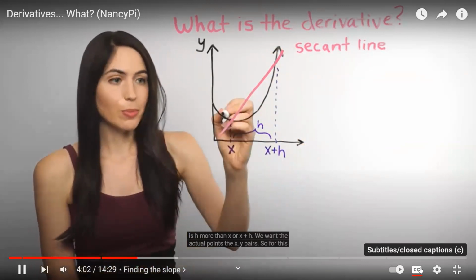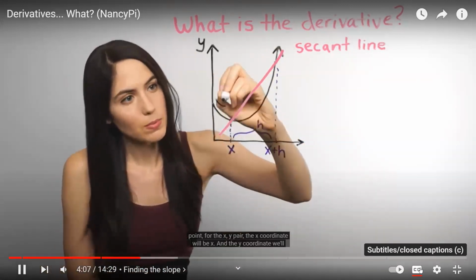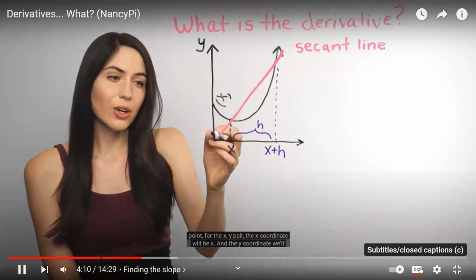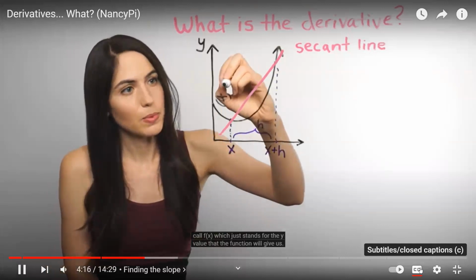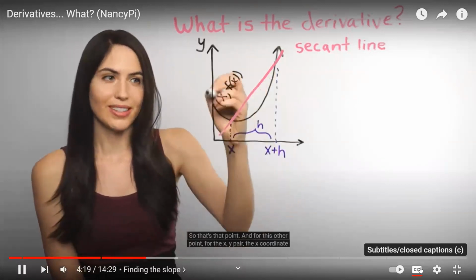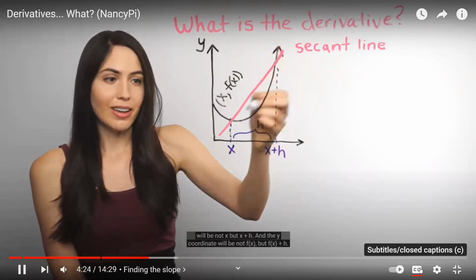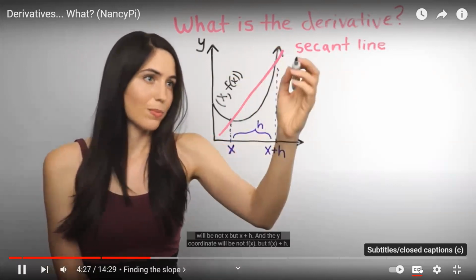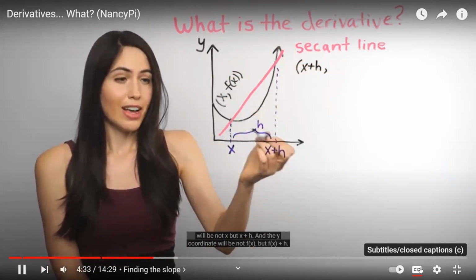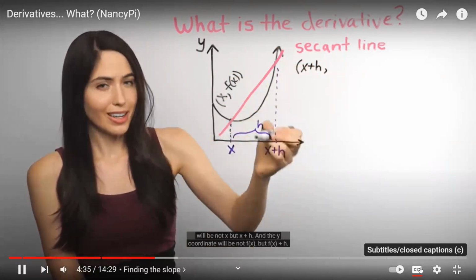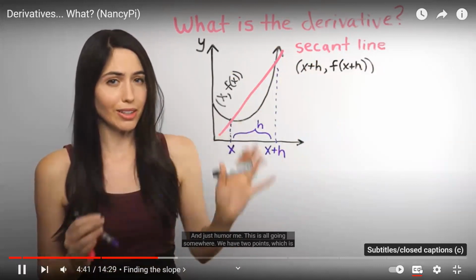So for this point, the x coordinate will be x, and the y coordinate we'll call f of x, which just stands for the y-value function you give us. So that's that point. And for this other point, the x coordinate will be not x, but x plus h, and the y coordinate will be not f of x, but f of x plus h. Just hear me out, this is all going somewhere.